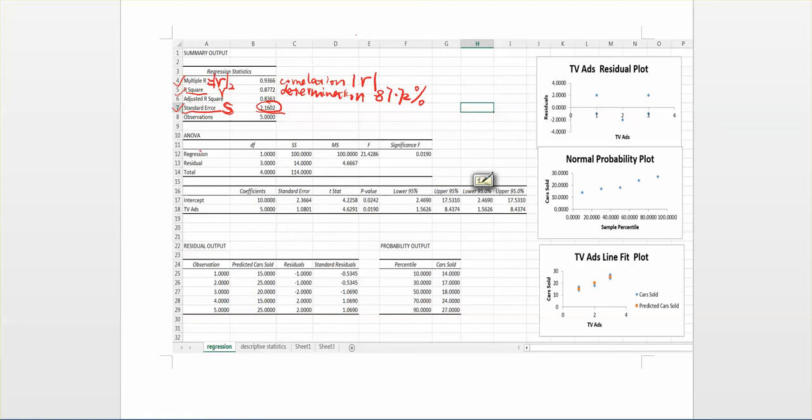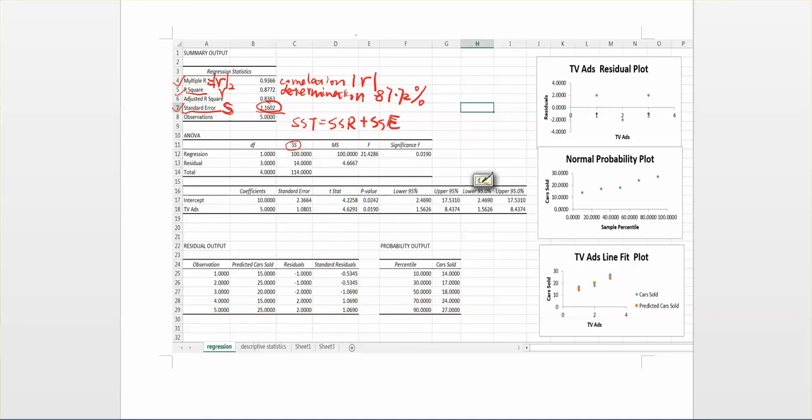The second table is called the ANOVA table, and you'll find there are 3 lines: regression, residual, and total. What I want you to pay attention to is the column called SS. In class we mentioned SST equals SSR plus SSE: the total sum of squares equals the sum of squares due to the regression model plus the sum of squares due to the error term, the residual.